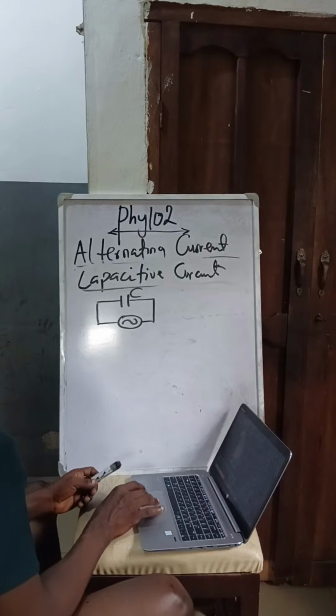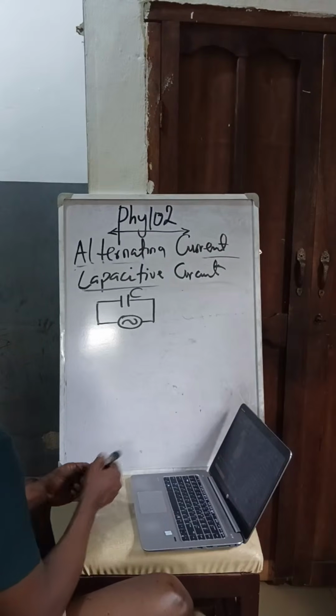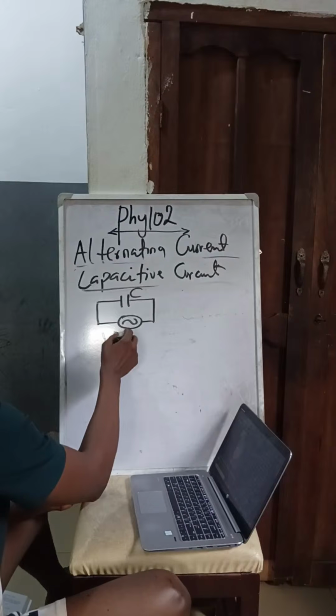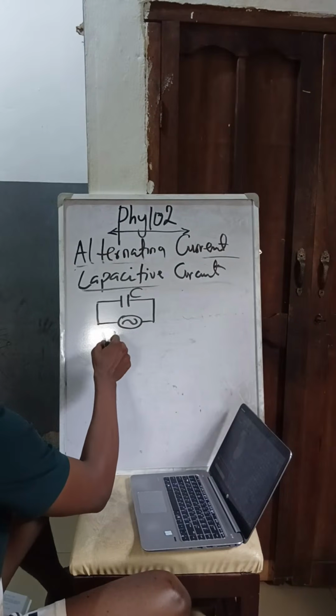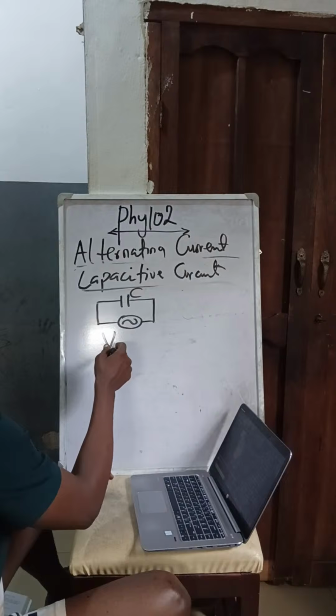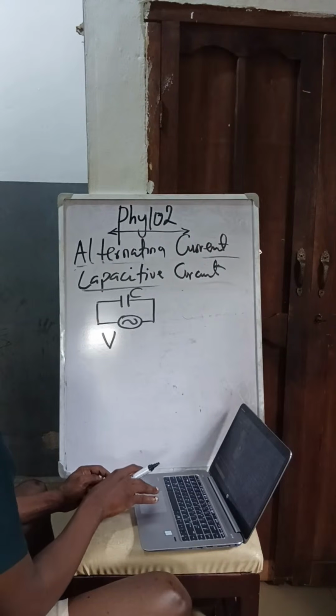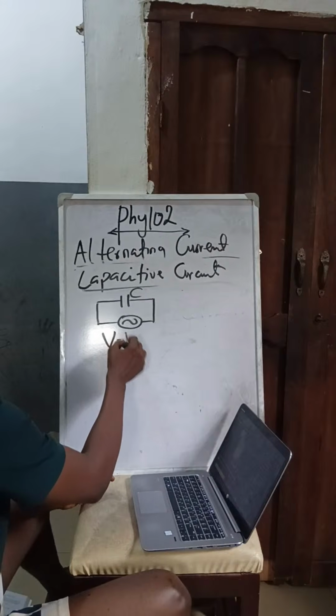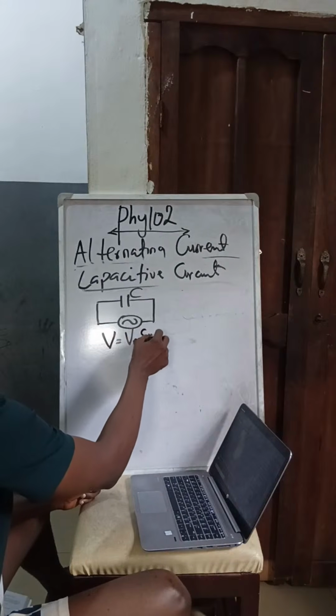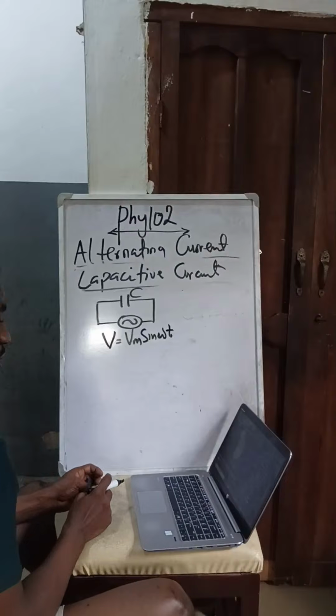All right. So remember, the voltage source of an AC circuit is the instantaneous voltage or root mean square voltage, which is Vm sine omega t.